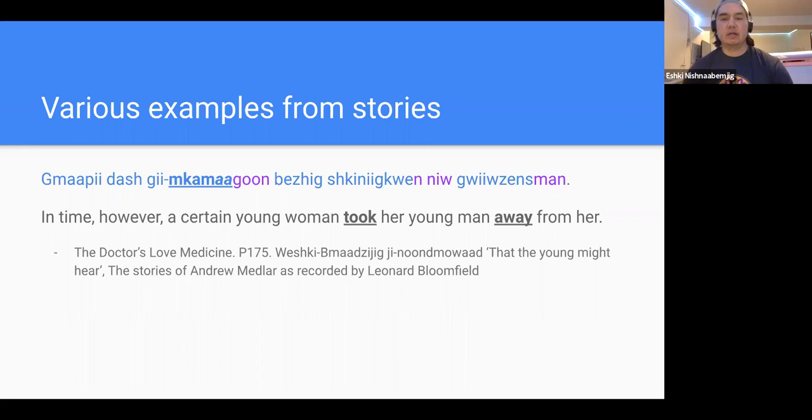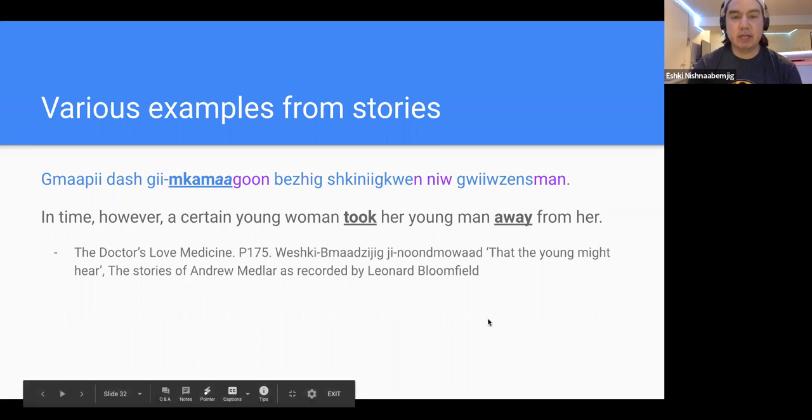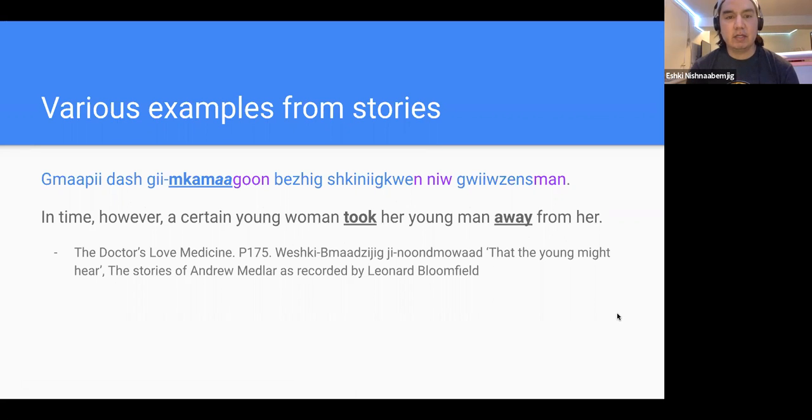So this is from the Doctor's Love Medicine again. So I italicized the here because I think the root verb is makam. So just my guess, it would be gimakam gun. But this is how it was written in the book, gimakamagun. So I don't know if that's a typo or if that's how the speaker had said it.